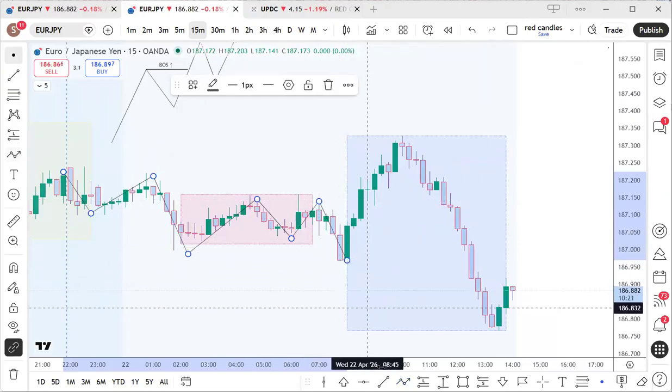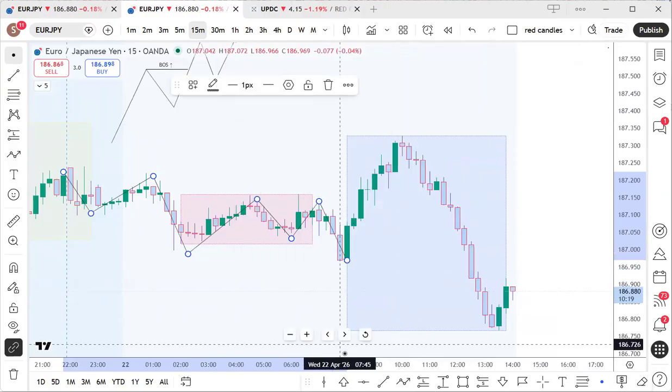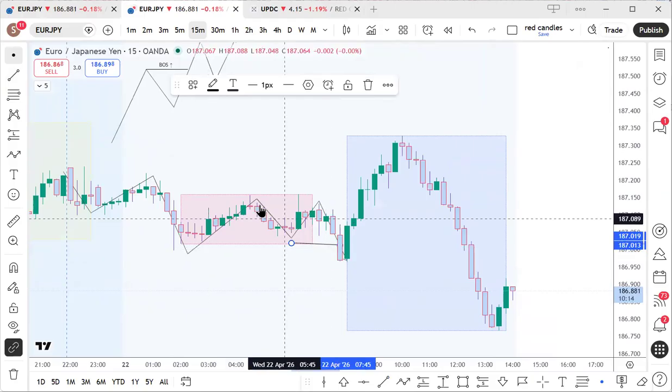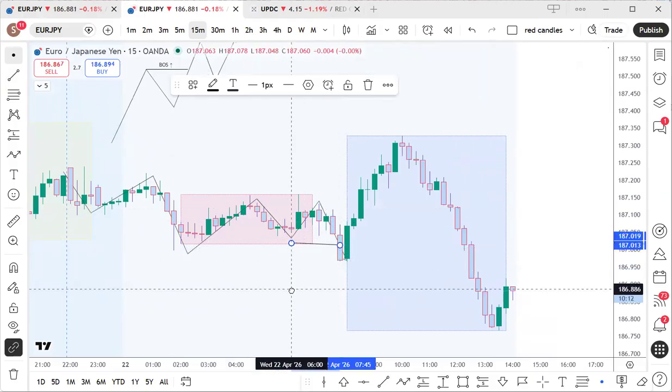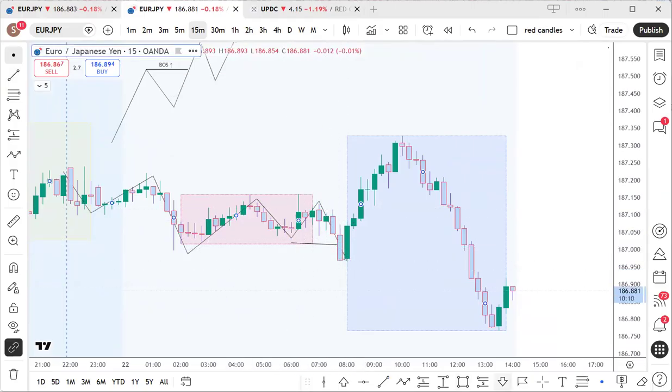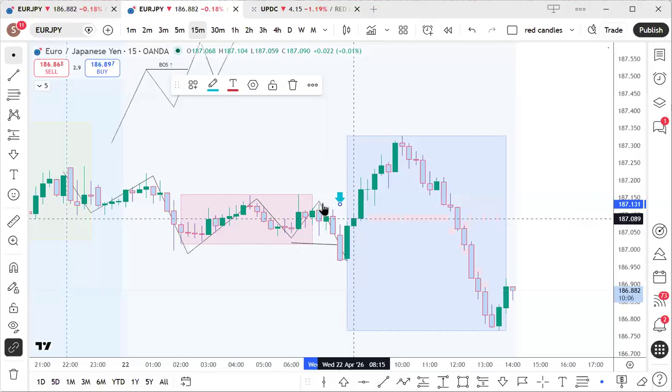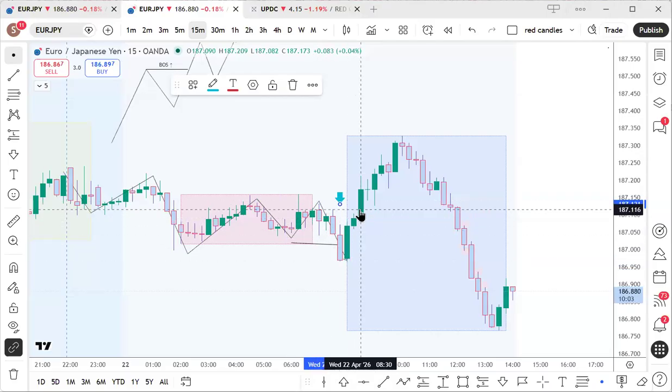But you could even say that this was a break of structure, right? That's a trend change or a break of structure to the downside, right? So perhaps you could have taken on this pullback, because on this break now, you expect a pullback, something like this.